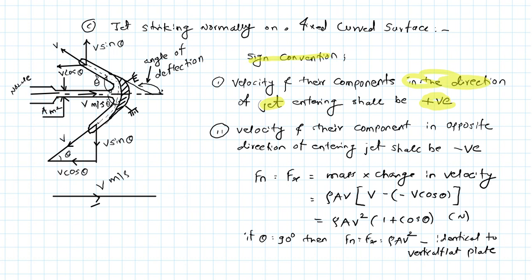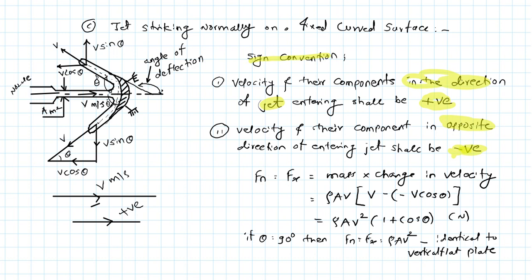If I take the velocity or velocity component in the direction of the jet, then it is positive. If opposite to the direction of the jet, then it is negative. When same direction, velocity or their component is taken as positive; when opposite, velocity or their component is taken as negative.